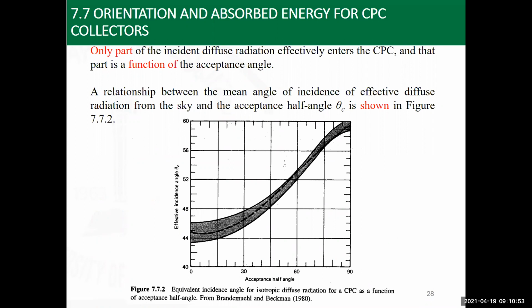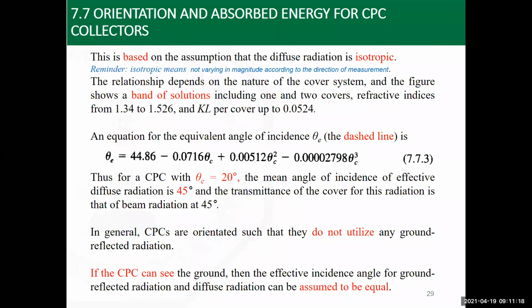The relationship between the mean angle of incidence of effective diffuse radiation from the sky and the acceptance half angle is shown in this figure. And actually, this is a range as you can see here, but the dotted line, which is some sort of an averaging for it, has been represented by an equation, so that we can use it whenever needed instead of using the figure.